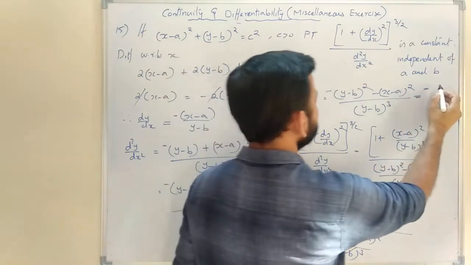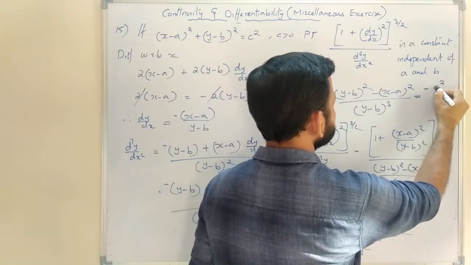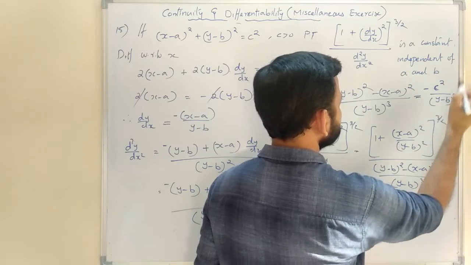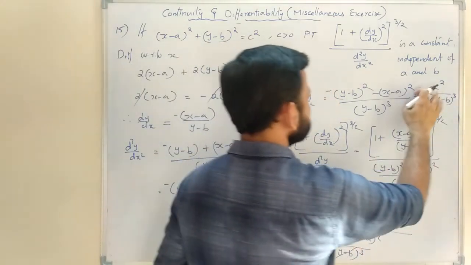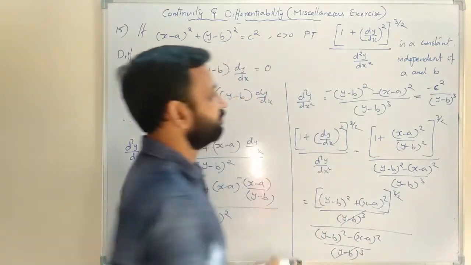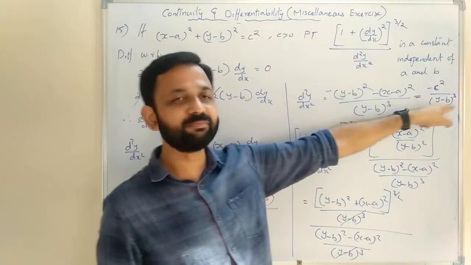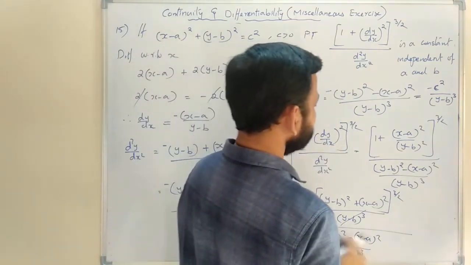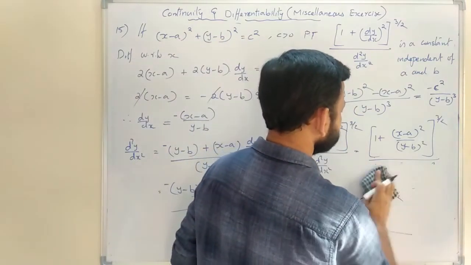So this expression will be minus c square divided by (y minus b) raised to the power 3. So that is the second derivative, minus c square upon (y minus b) raised to the power 3.